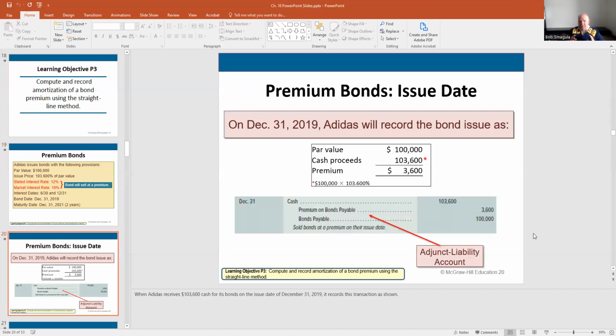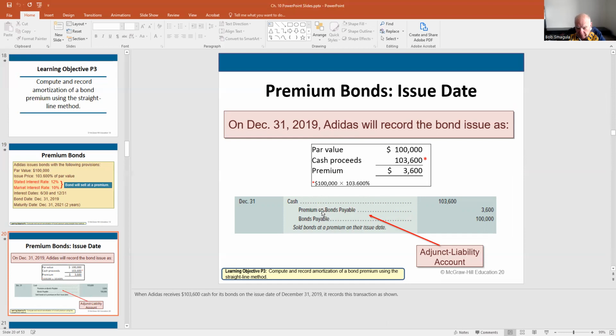Premium bonds, issue date. Well, the par value was $100,000. The proceeds, the cash we received for that bond, is $103,600. The difference is $3,600. We are going to debit cash for $103,600.